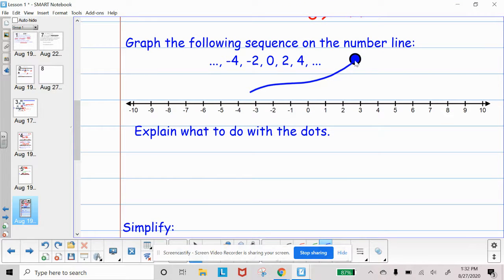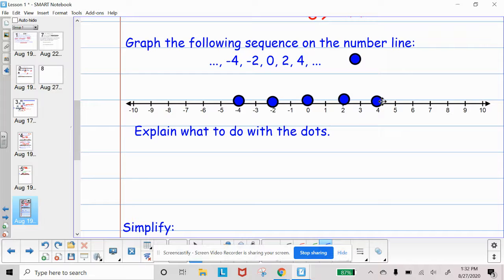Let's see. There we go. -4 is right there. -2 is right there. 0 is right there. 2 is right there.